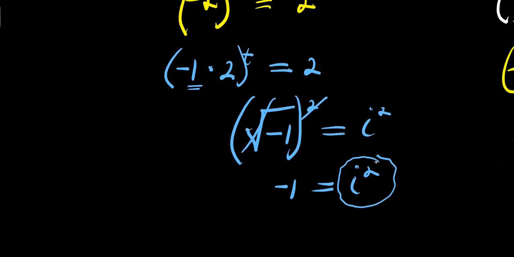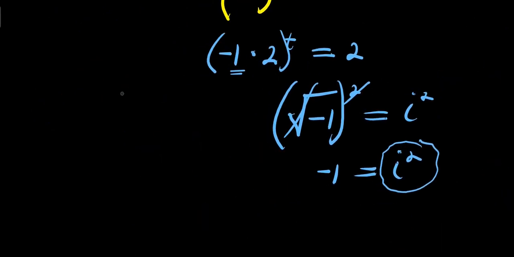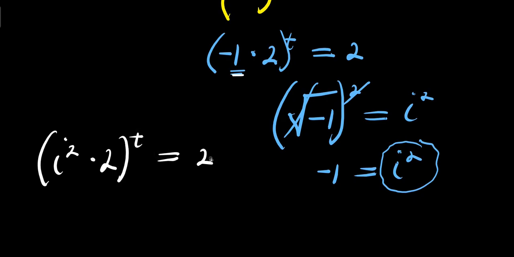What we are going to have is i^2 times 2 raised to the power of t, and this equals 2.